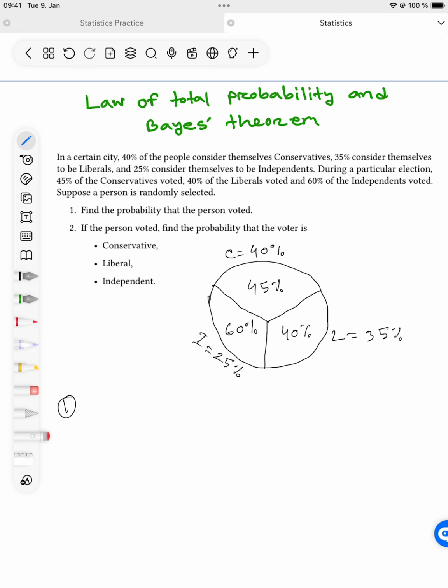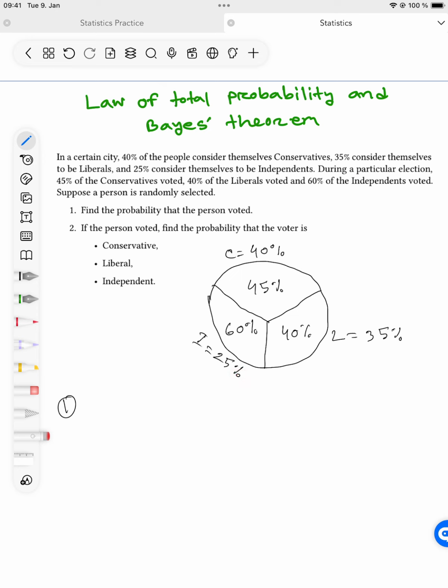Hi, let's solve this problem related to the law of total probability and Bayes theorem. The problem says in a certain city, 40% of the people consider themselves conservative, 35% consider themselves liberal, and 25% consider themselves independent.